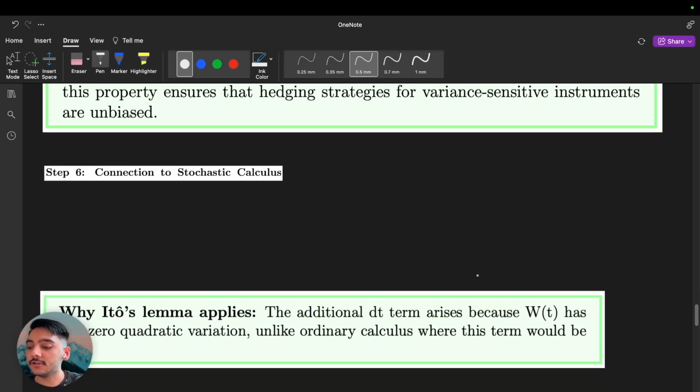So let's connect to stochastic calculus. The result connects to deeper principles in stochastic calculus through Itô's lemma.